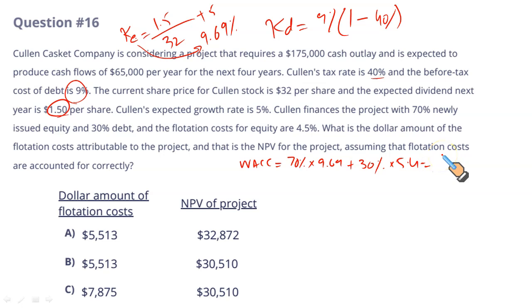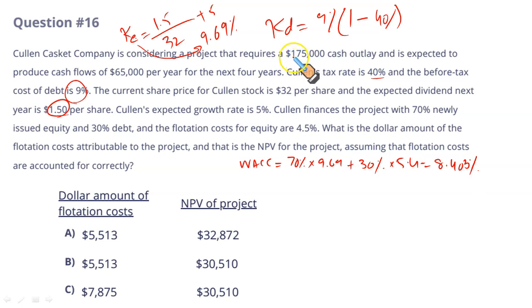So 9.69 times 70% plus 5.4 times 30% gives you 8.403%. This is your weighted average cost of capital which you will use to calculate the NPV of the project.